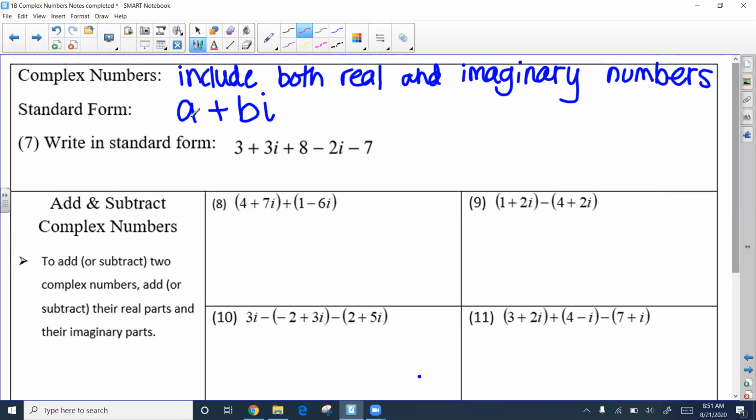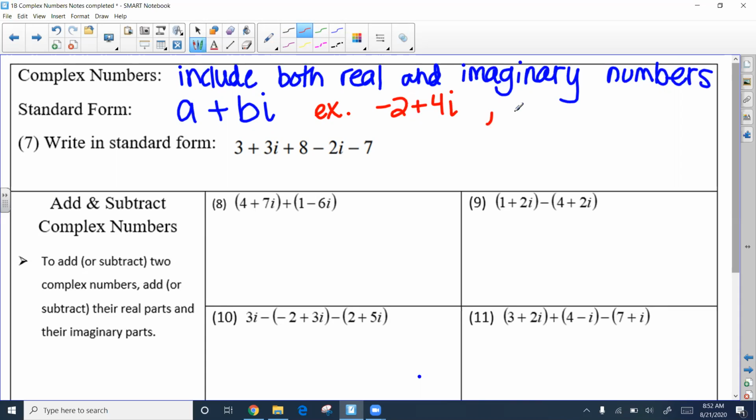So a is the real part and b is the imaginary part. A couple examples of what a complex number could look like: we could have -2 plus 4i. This would be considered a complex number because it's in the form a plus bi. In this case, a is -2 and b is 4.